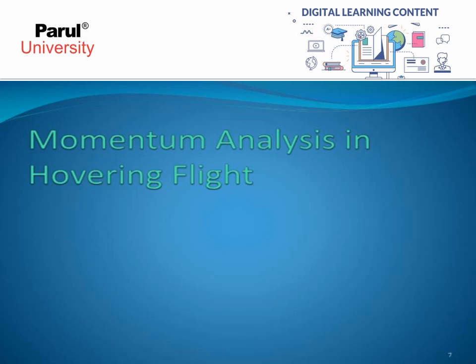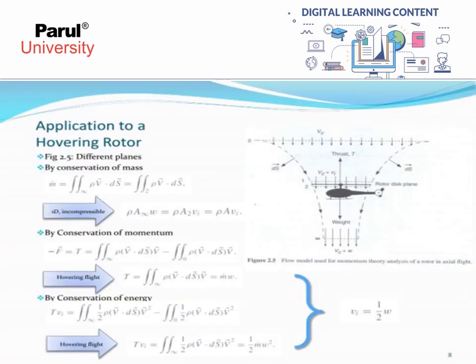Now in this unit we have to discuss the hovering conditions and the momentum analysis. The application to a hovering rotor is, for different planes, by using the conservation of mass, mass flow rate equal to the integral of rho v dS equal to the integral of rho v dS.